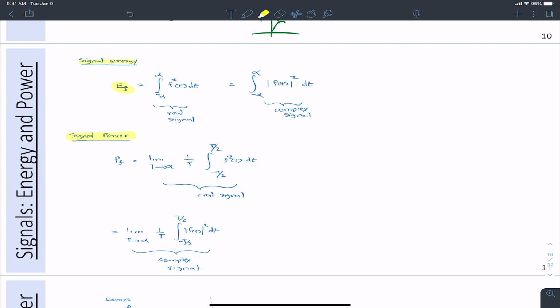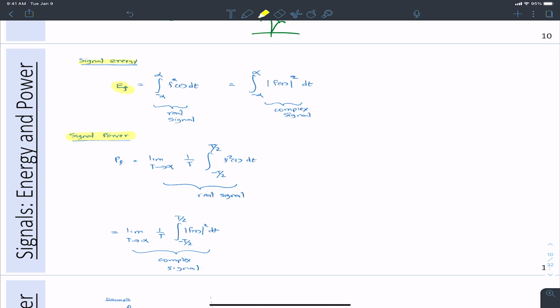That's for a complex signal. And then signal power is defined as the limit as T tends to infinity of 1 over T, times the integral from minus T/2 to T/2 of f(t) squared dt. If it is a complex signal, instead of f(t) squared, we will have the absolute value of f(t) squared.